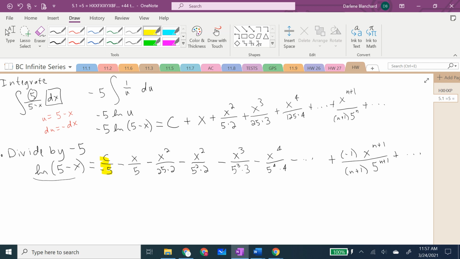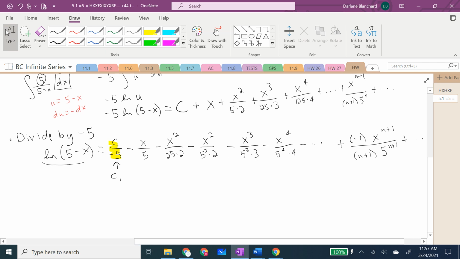I can find out what it is if I plug 0 in. So realize what I'm doing is I'm actually going to call this a c sub 1 because I really don't want to have to deal with the extra division there. I want to find my c by plugging in the center of the polynomial.